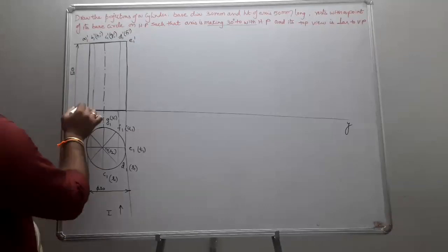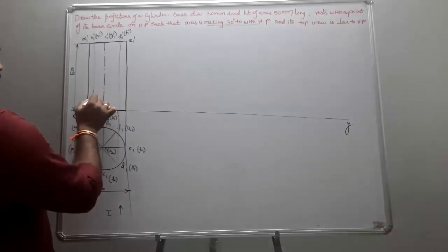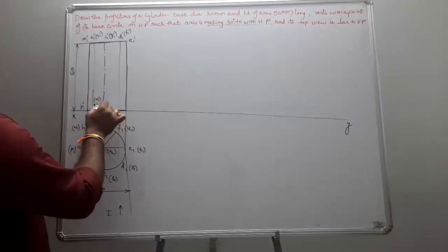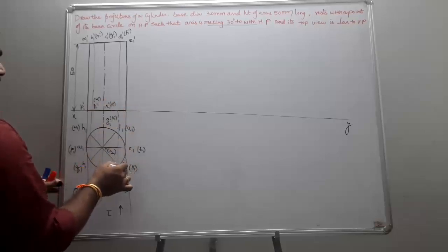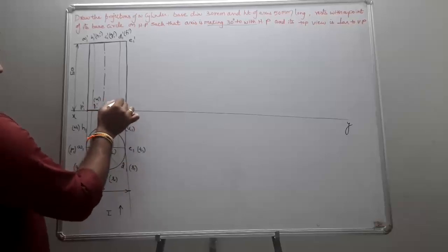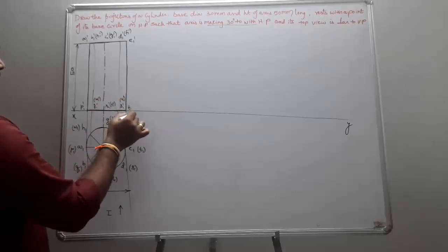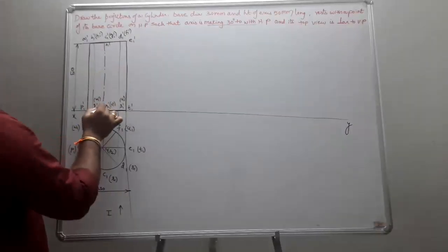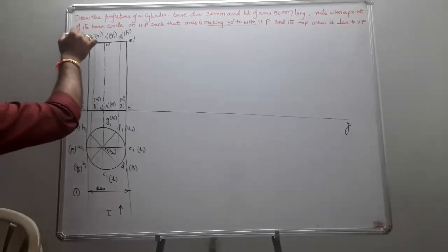Similarly, the points here are P1 dash, Q1 dash of W1 dash. Next, R1 dash of V1 dash. Next, S1 dash of U1 dash, and next this is T1 dash. This is O1 dash, this is O2 dash. Okay, so this was step 2.